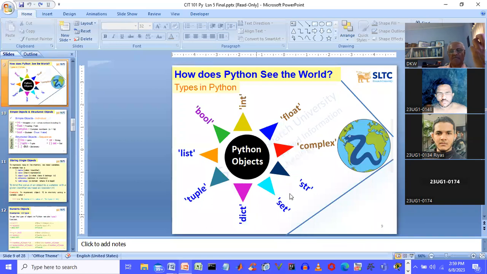Having these type names, the other three are numeric things. This is non-numeric, this is logic. So this is how you count up to 9: 1, 2, 3, 4, 5, 6, 7, 8, 9. This is how Python sees the world. If our computer language is alive, it will see there are only these 9 things in the world. You have to understand that, right?